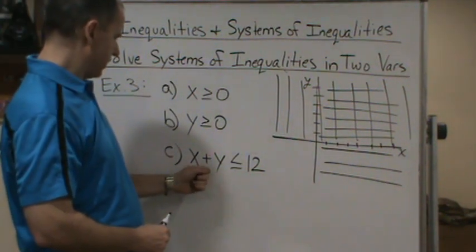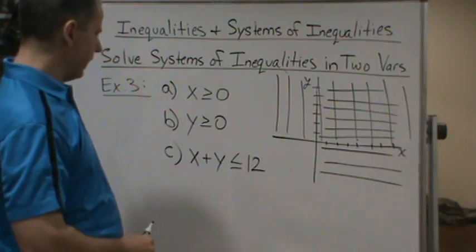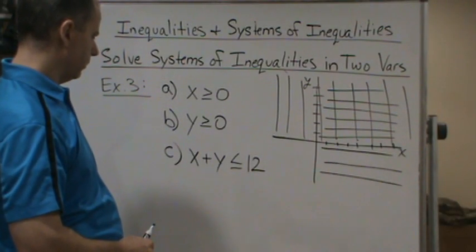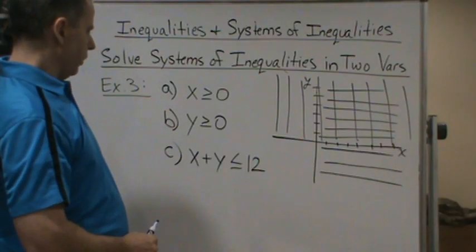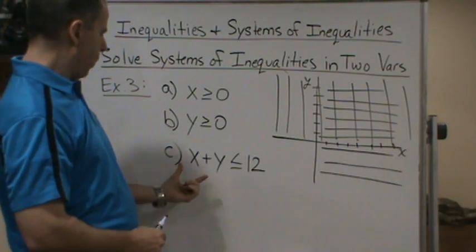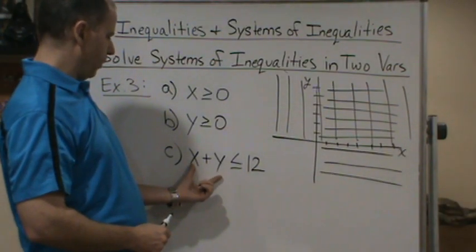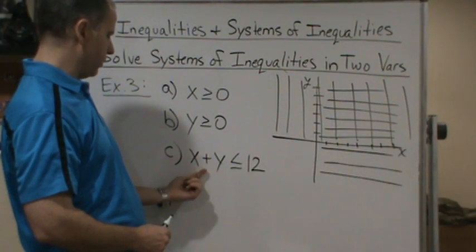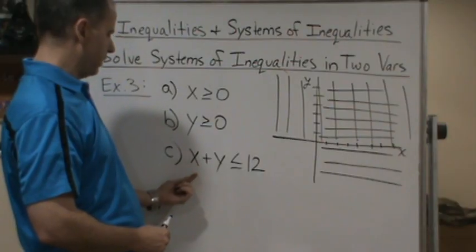Okay. Now, let's plot this. This is x plus y is less than or equal to 12. Now, if we use the y-intercept method here, we could solve for y, or we could find the intercepts.